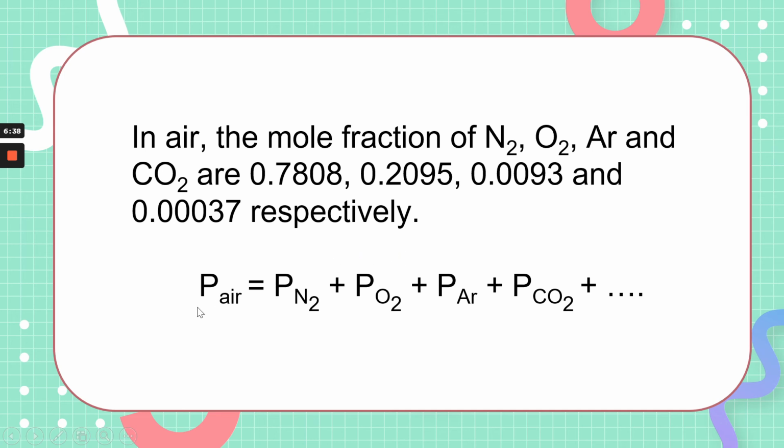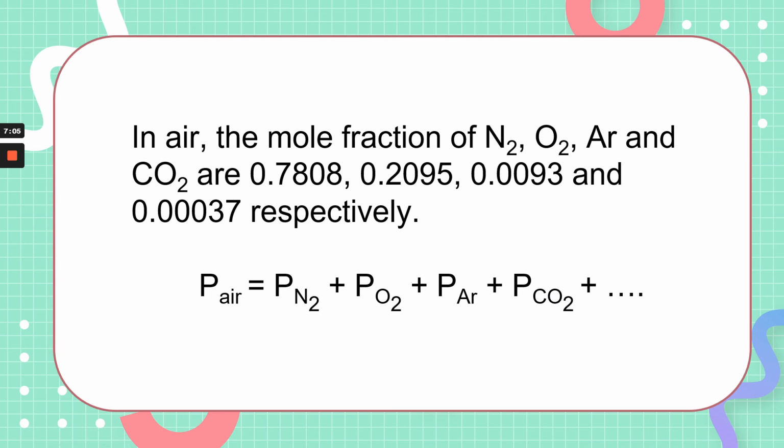So we can write it like this. The pressure of air is equal to the pressure of nitrogen plus pressure of oxygen plus pressure of argon plus pressure of carbon dioxide.